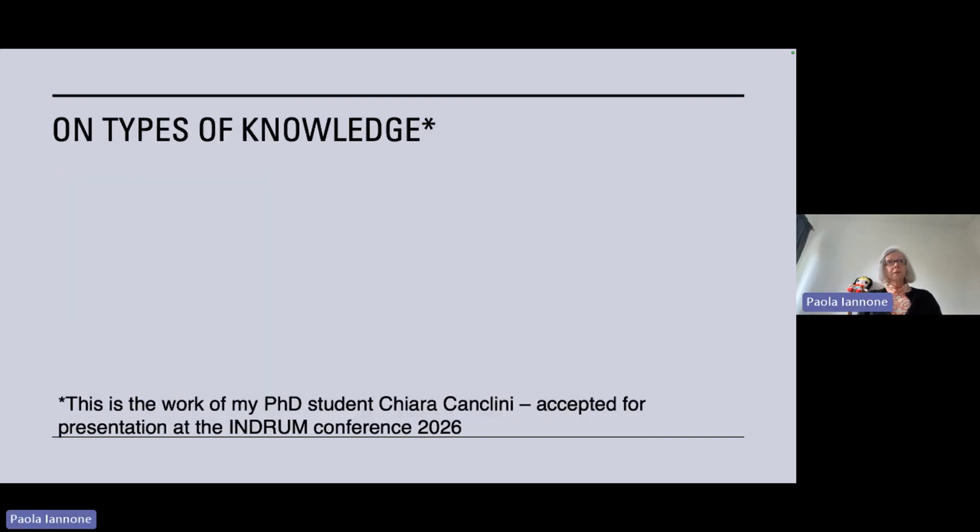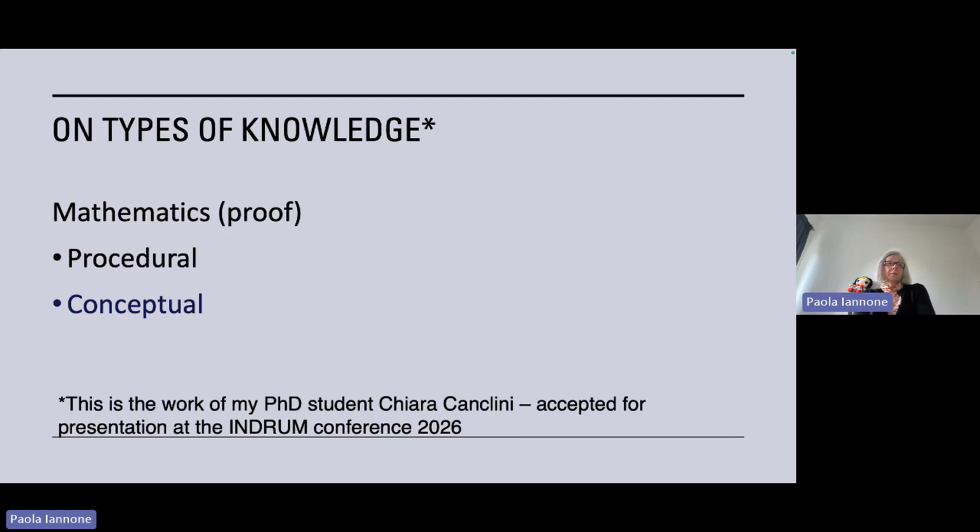If we want to talk about types of knowledge, mathematics education has for a very long time talked about procedural knowledge, which is the knowledge of how to apply algorithms effectively and efficiently. For example, if I need to do an integral by substitution, do I know how to do this process?